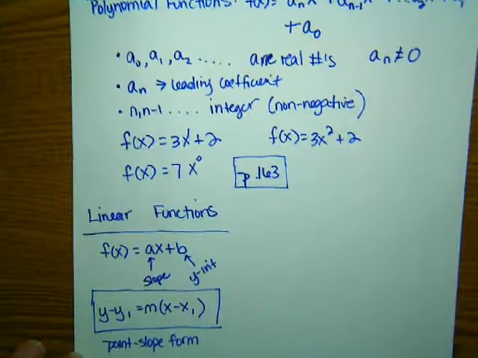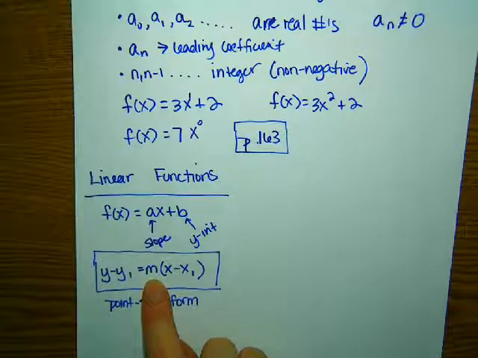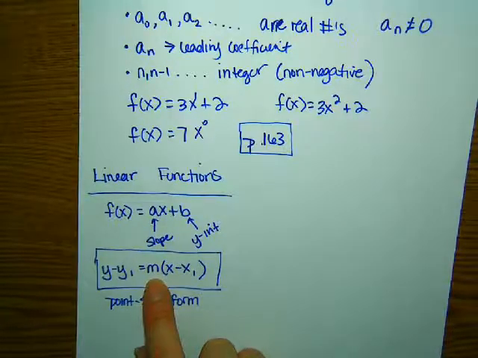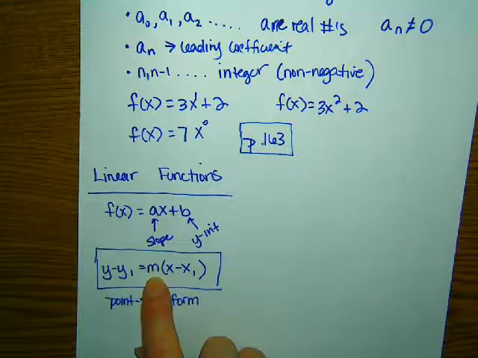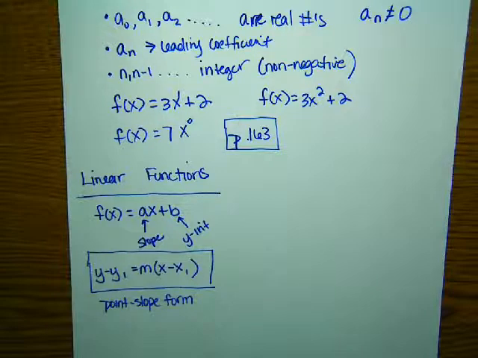Okay. So I'm going to do one example. Here's what we're going to do. We're going to take our 2 points that I'm going to give you. We're going to find the slope. We are going to then put the point and the slope into the formula to find our linear function.